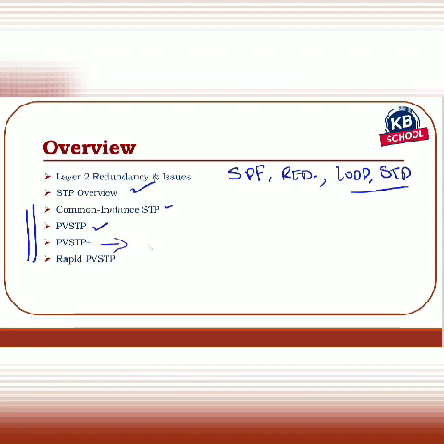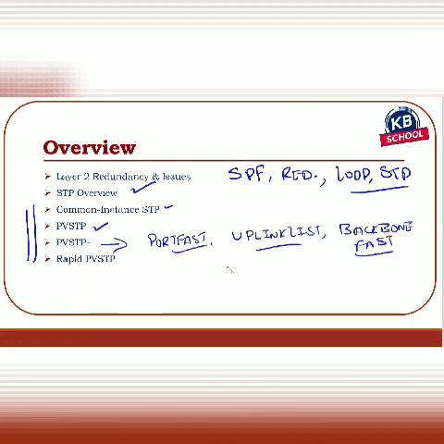There's other features, like an uplink fast feature. There's a backbone fast feature. There's other features that allow you enhancements in terms of convergence time, which we'll take a look at in the CCNP switching class. So Cisco came out and made it proprietary by calling it PVSTP plus.